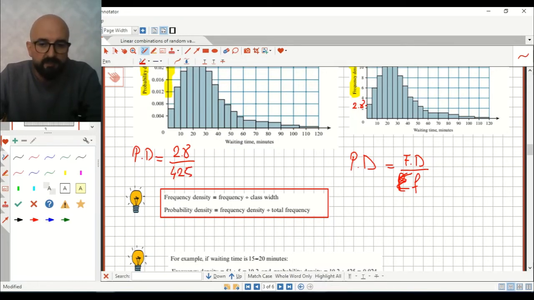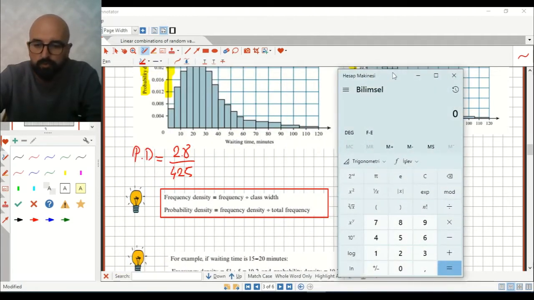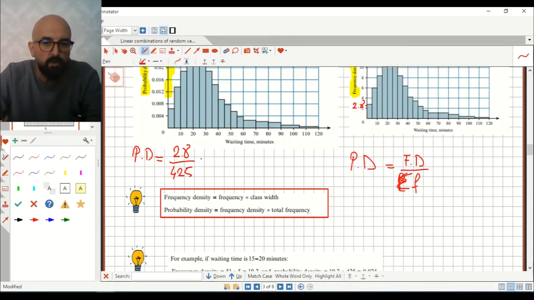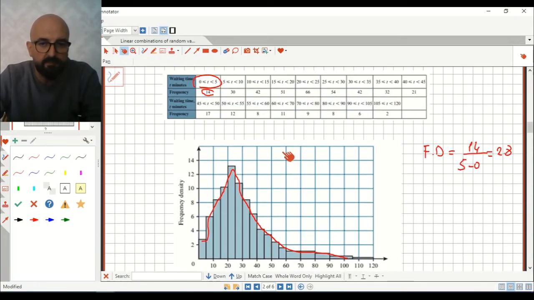If we calculate this, 2.8 over 425 becomes 0.006, and this point is 0.006.